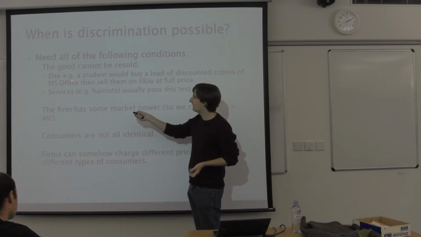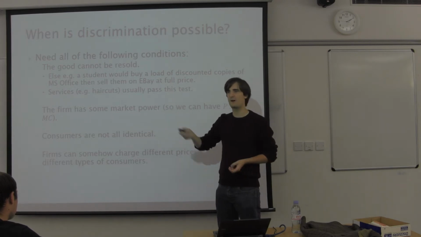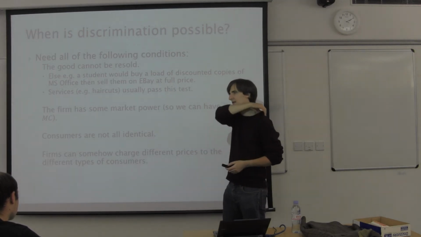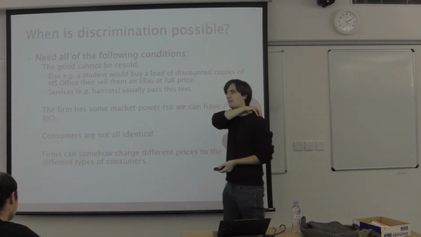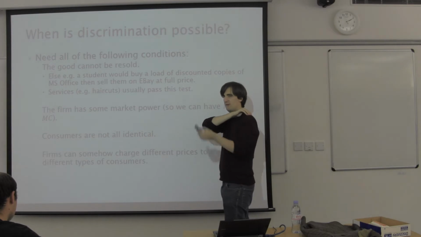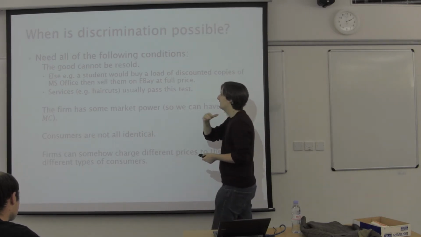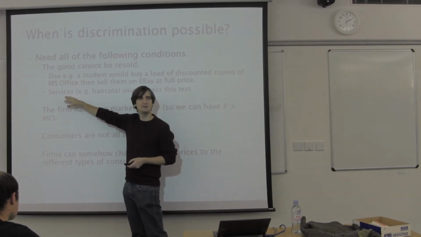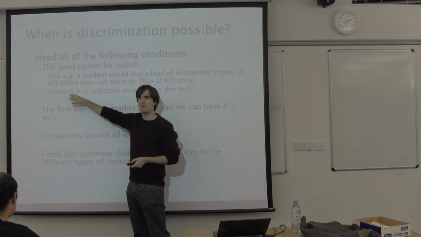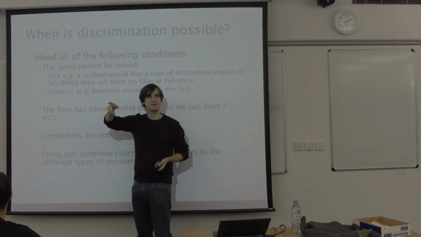Office, Microsoft do really good discounts for students. It's a tiny fraction of the full price. If Microsoft couldn't stop you reselling Office, they wouldn't be able to do that because students would just sell copies of Office. One type of good which is very hard to resell is services. If someone gives you a haircut, you can't resell that haircut to someone else.